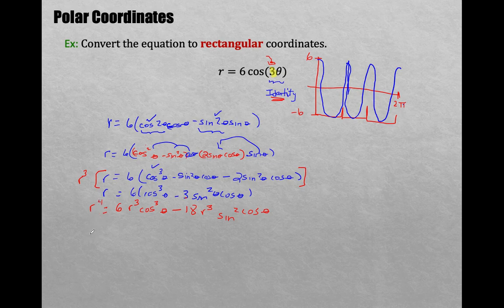Well, isn't r to the 4th r squared squared? And then what is this? Isn't that just, right? Since that's a product, isn't that r cosine theta cubed?